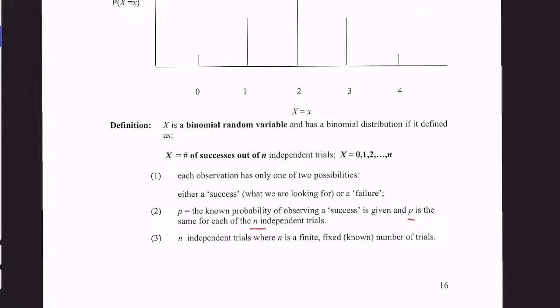Finally, the number of trials, in our case the number of couples, is known to be a finite number. So I couldn't just say, keep on asking as many couples as you want. It would have to be a fixed, finite, known number of trials. So if you have this information, P is the known probability of finding what you're looking for, and N is the number of times you look for it.